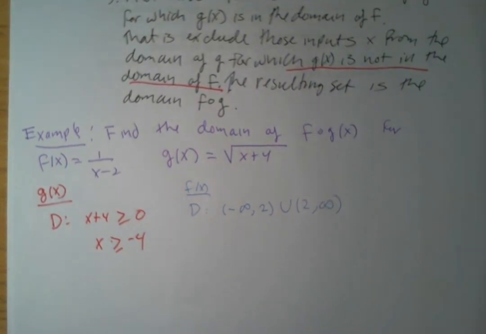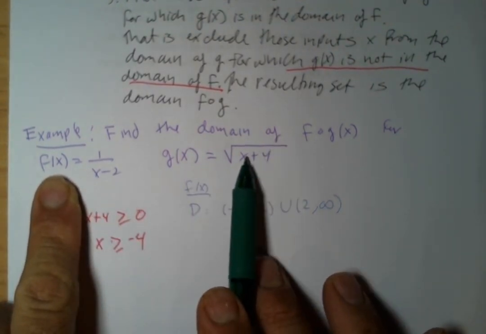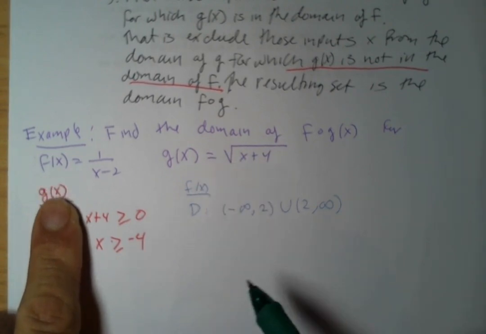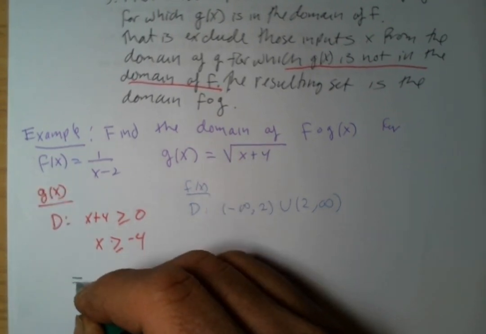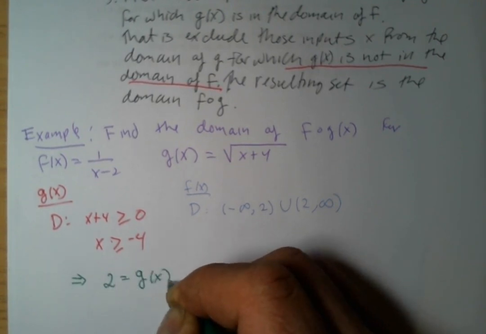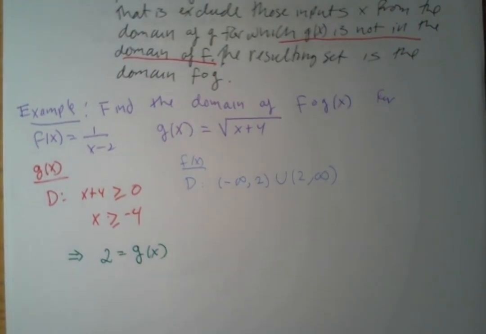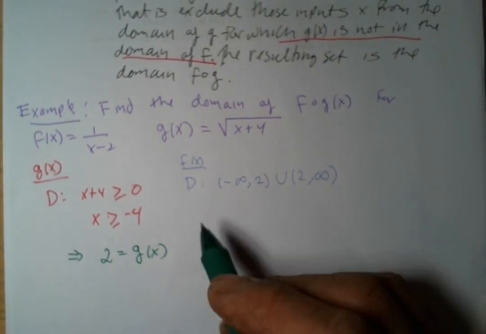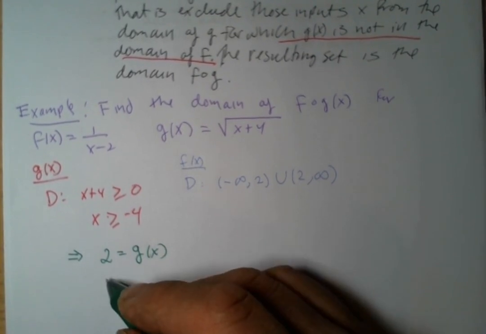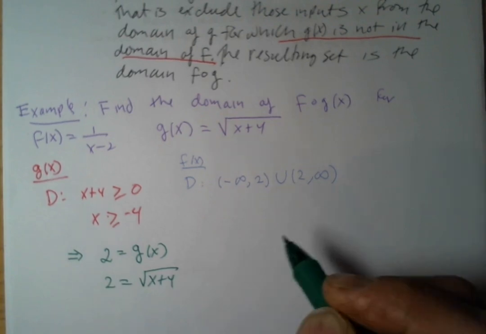So what we do next is we say, I know that f cannot take in an input of 2. Well, if the input is the output of g of x, what I need to find now is, when does 2 equal g of x? So 2 equals the square root of x plus 4.